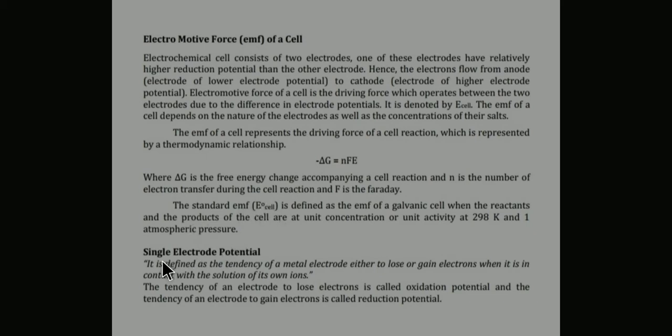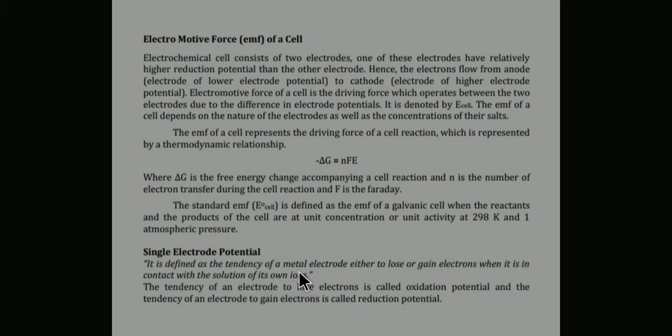Okay, now single electrode potential. This definition can be asked in the examination. It is very important: what is single electrode potential, or define single electrode potential. It is defined as the tendency of a metal electrode either to lose or gain electrons when it is in contact with a solution of its own ions.